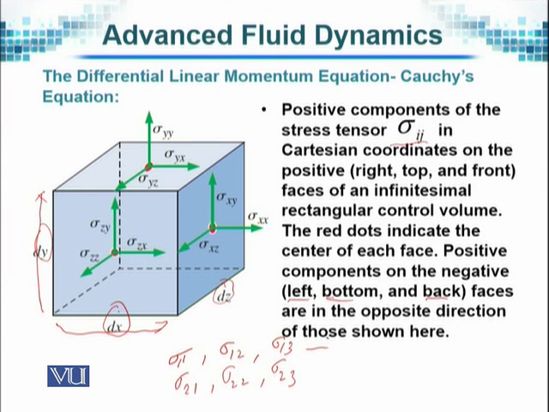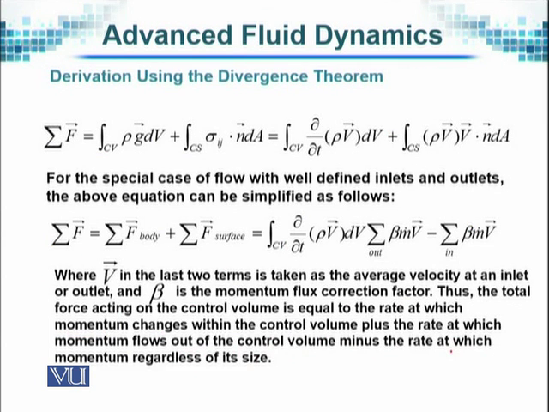So when I am writing the same things in rectangular coordinates, I will be writing them as sigma xx, sigma xy, sigma xz, and similarly sigma yx, sigma yy, sigma yz, and so on. And as you understand, there are partial derivatives involved there. We discussed this earlier when we were discussing the momentum equation.